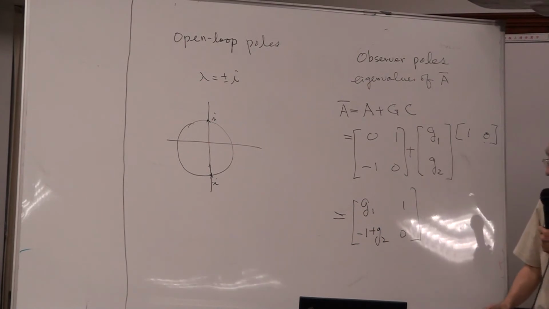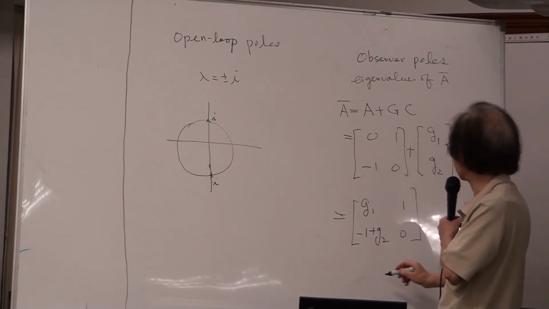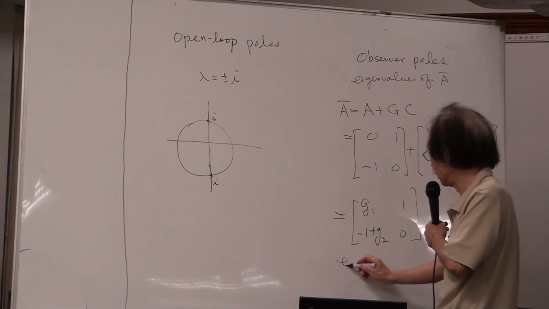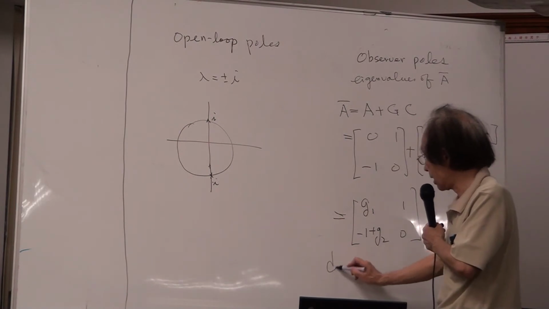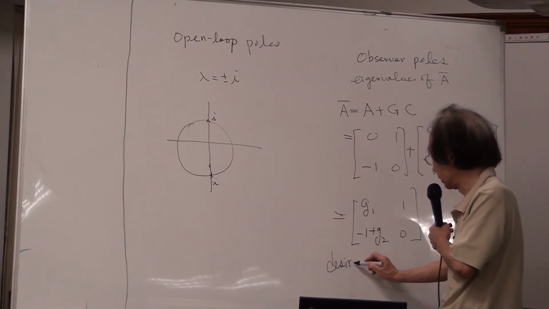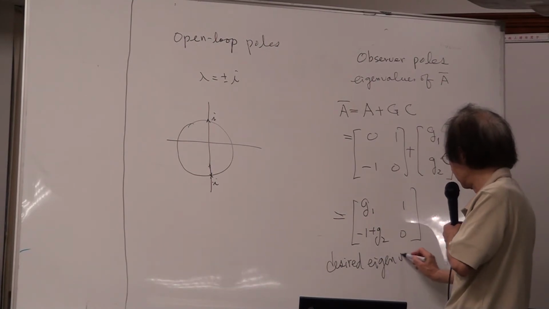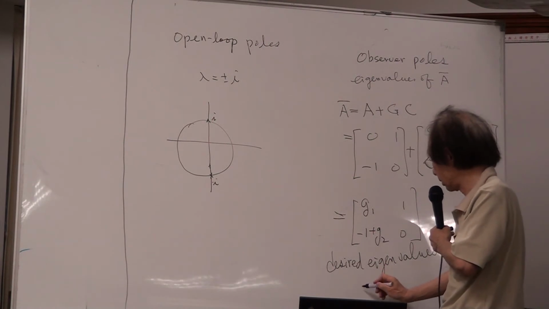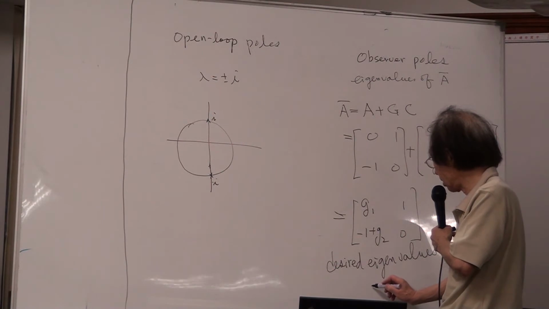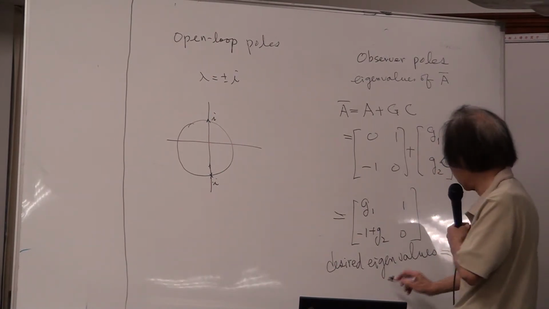Now, if the desired eigenvalues are 0, this is my desired eigenvalue, equal to 0.